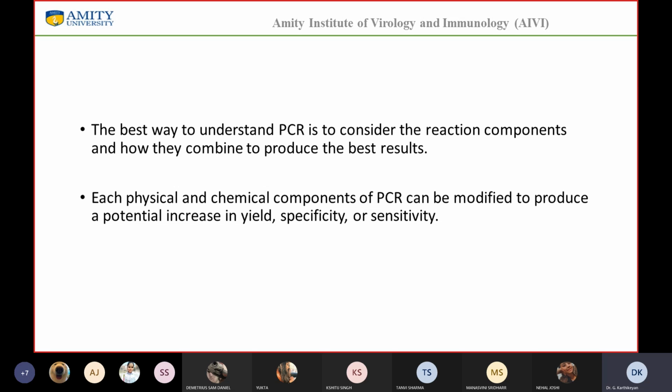Suppose you want to understand how these organisms are able to survive in these extreme cold conditions, you need to understand their DNA, you need to clone, you need to sequence, and understand how they survive in those extremely harsh conditions.